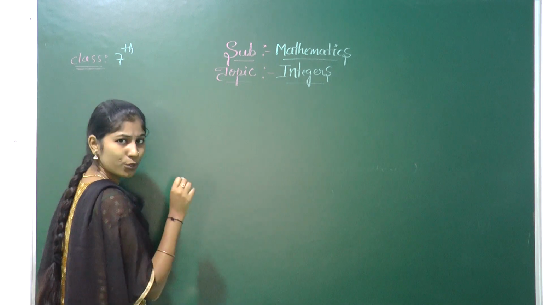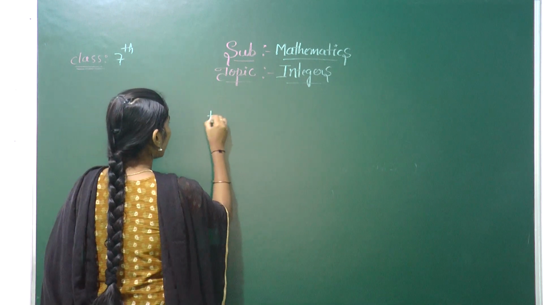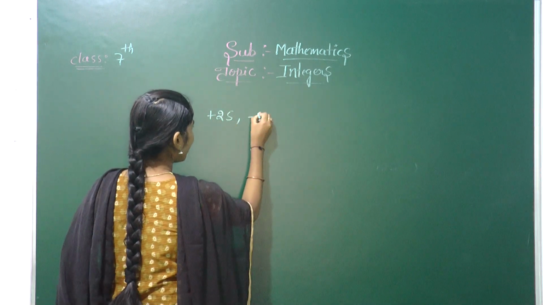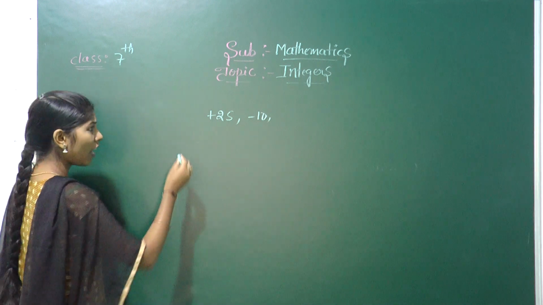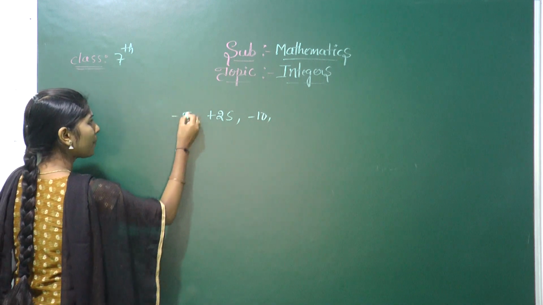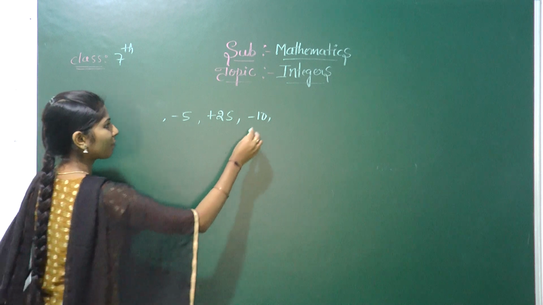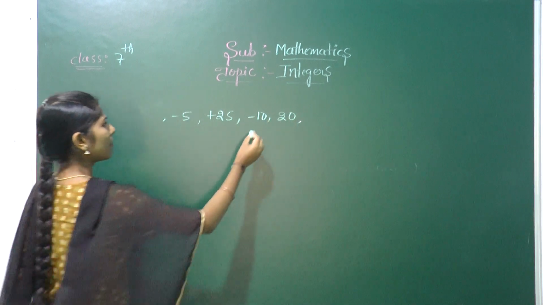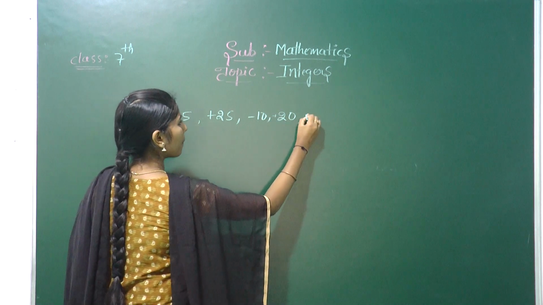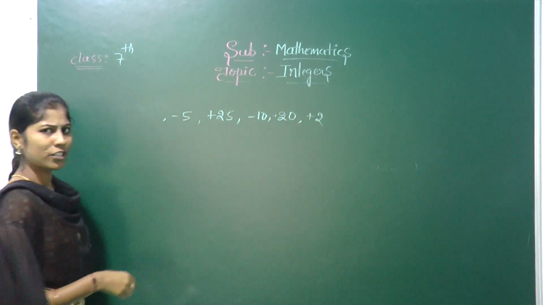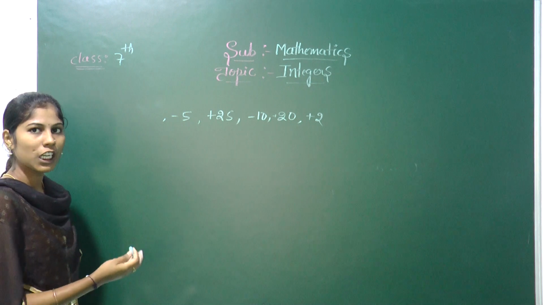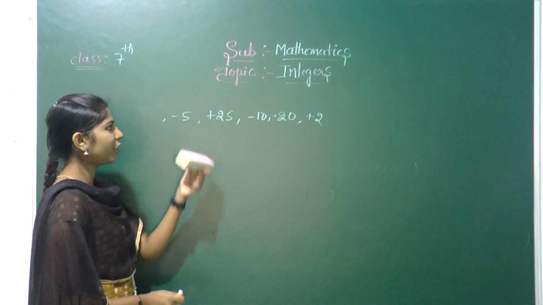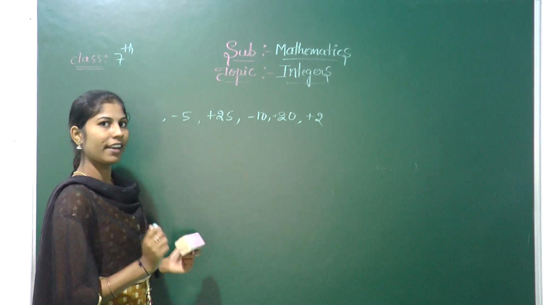The successive scores are plus 25, minus 10, minus 5 and 20.